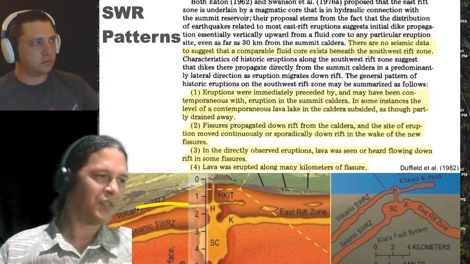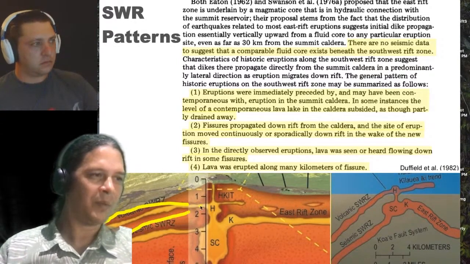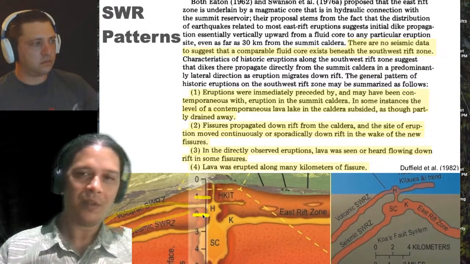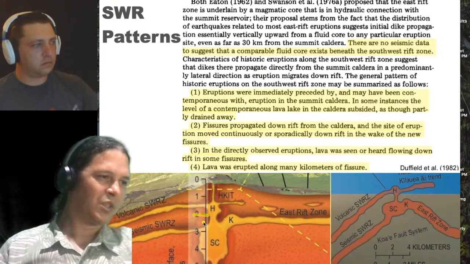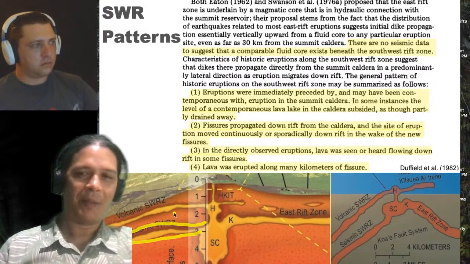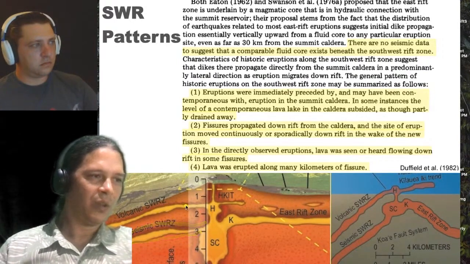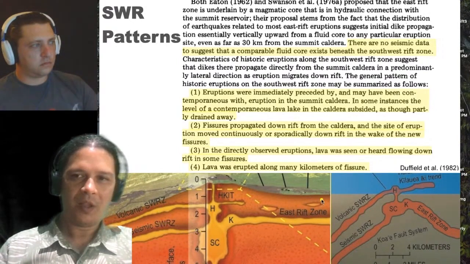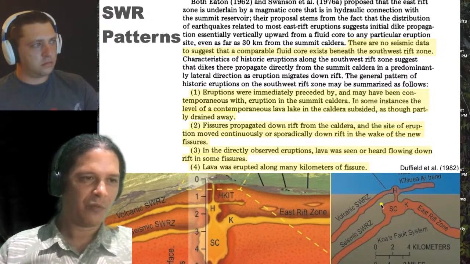The volcanic Southwest Rift Zone, structural rift, is shallower, between 1 and 2 kilometers depth. And then what's called a seismic Southwest Rift is closer to 3 kilometers depth. And it's separate, right? It's detached from that shallower structure. And to really see this well, you have to look on this map view over here.